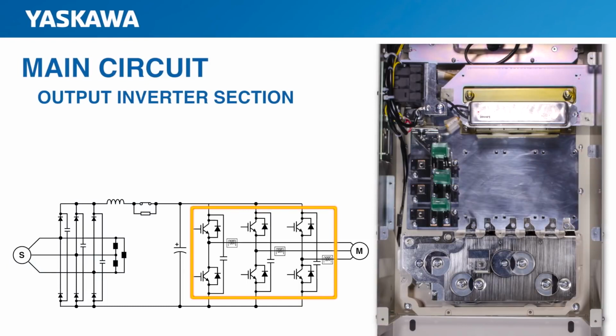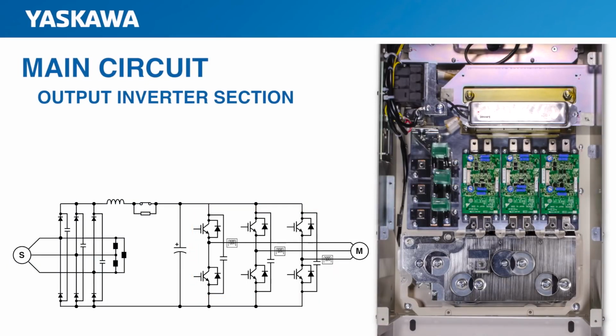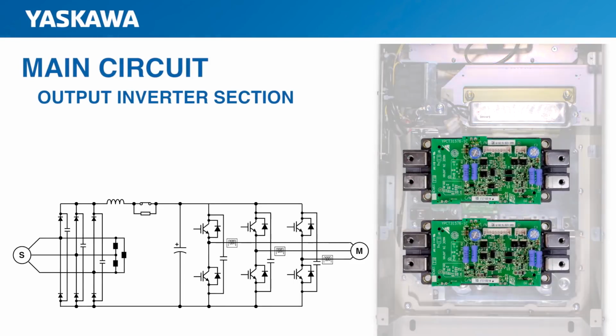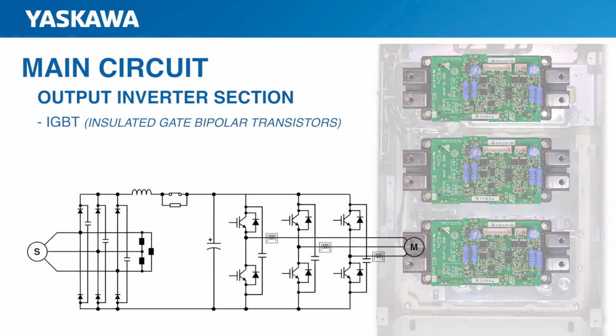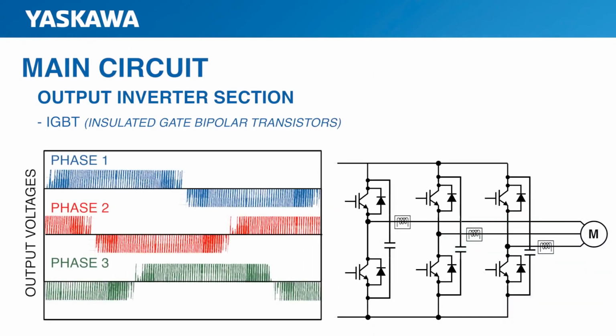We now move to the last major section of the drive, the output, or more specifically, the inverter section. The inverter section of the drive is comprised of IGBTs, which stands for insulated gate bipolar transistors. These work together to produce a simulated three-phase AC waveform to the motor.